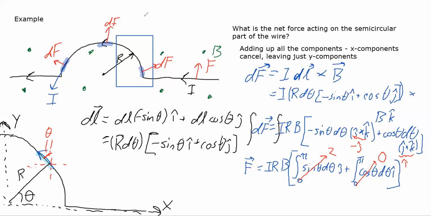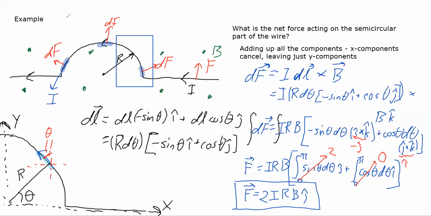So here's our final answer. Force equals 2 I R B, j hat. Don't forget about that j hat. There we go. Okay, so that's how we do it.